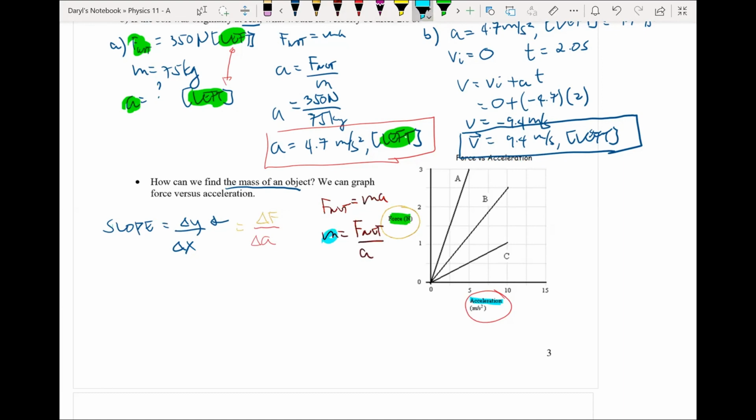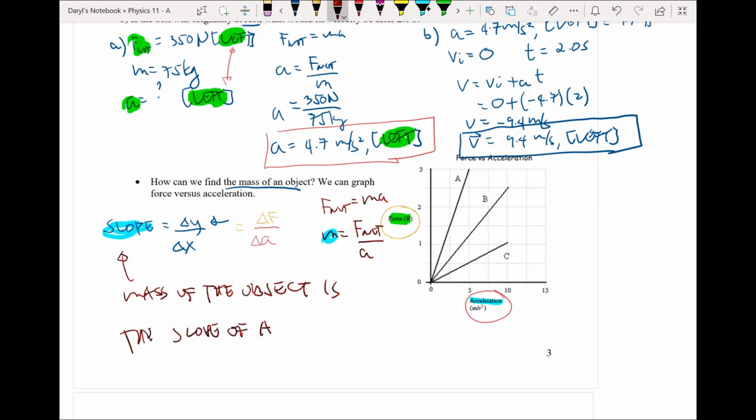So therefore, the slope of a force against acceleration graph gives you the mass. The mass of the object is the slope of a force versus acceleration graph. So this is the F versus a graph.